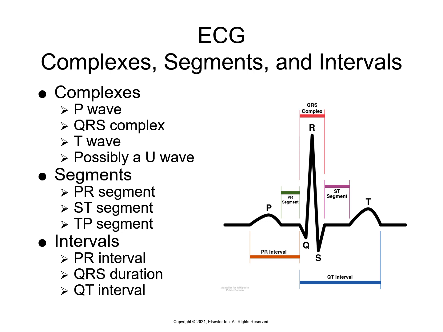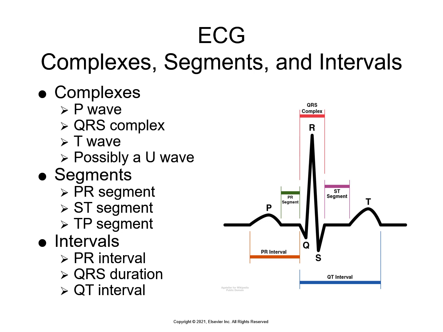Your segment is the PR interval, which is the interval between the P and the R wave, which would include a Q wave. ST segment, which would be just after the S wave and up to the T, and then the TP segment, and that's the segment between the T wave and the P wave of the next contraction.